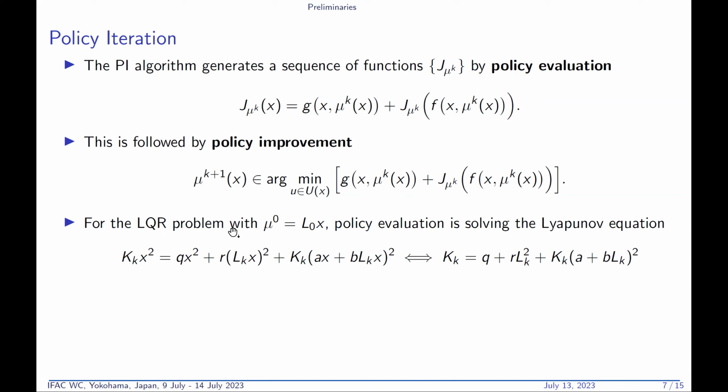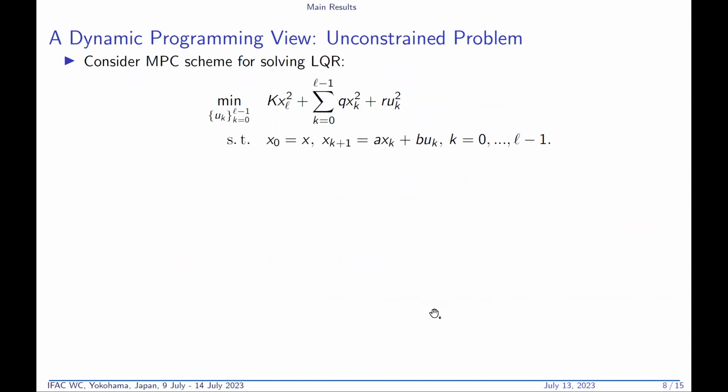For our LQR problem, starting from a linear feedback that is stable, policy evaluation solves the Lyapunov equation, and the policy improvement step obtains a new linear feedback that fulfills this relation, where the closed loop system squared is the tangent line of the Riccati equation evaluated at the previous cost function.